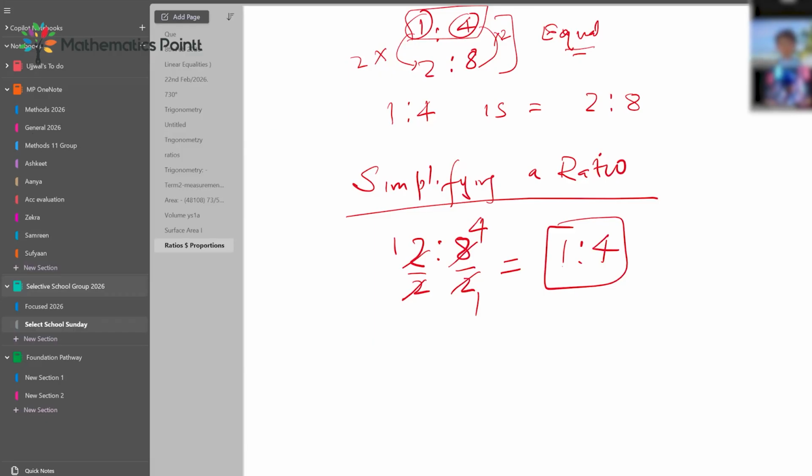There are a lot of questions where you are asked to simplify a ratio, or you have to simplify a ratio in order to get to the right answer. Very, very elementary stuff that I would just quickly ask you to do. Can you quickly simplify 16:24 for me? Please now, quick.